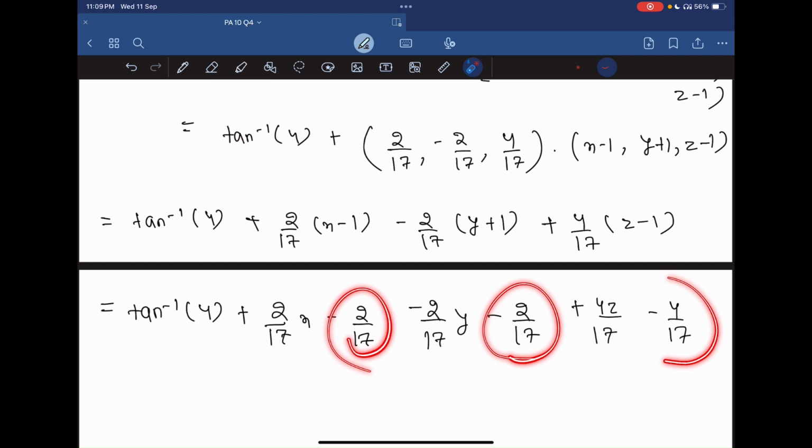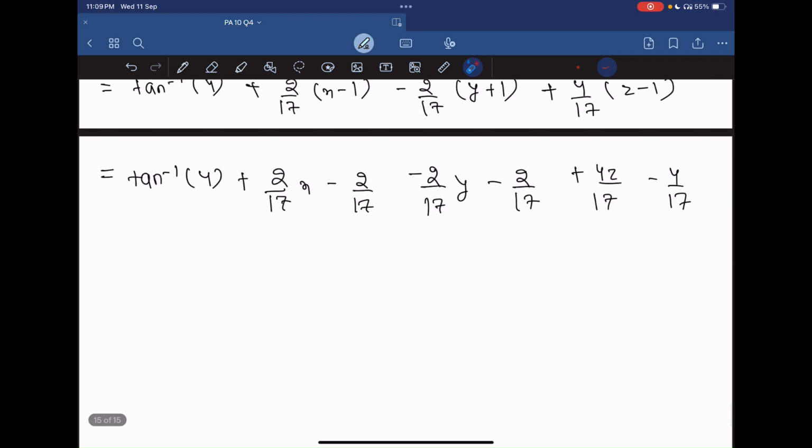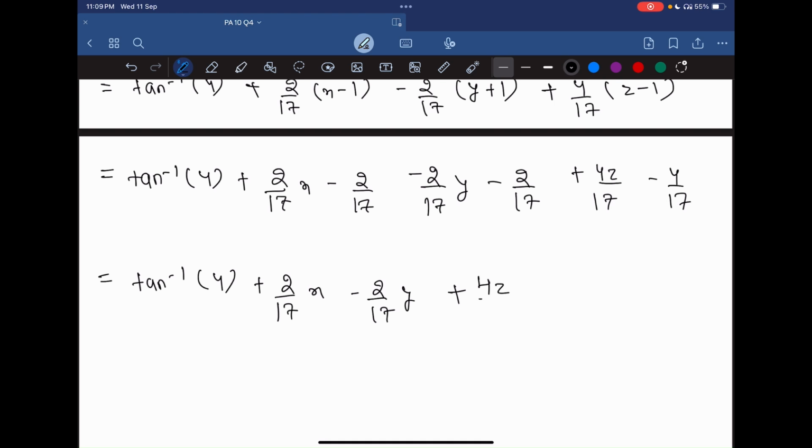So adding these quantities, we will get tan inverse 4 plus 2 by 17 x minus 2 by 17 y plus 4z by 17 minus 8 by 17.